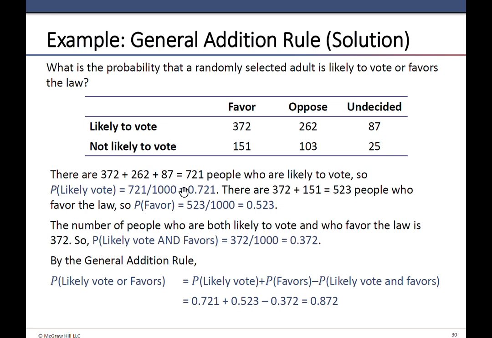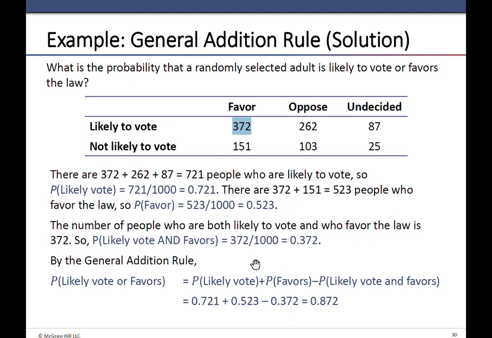And it makes sense you would try and add those together, right? But the beauty of this, and this doesn't always happen, but in this case, if we just added them together, that would be bigger than 1, and we can't have that, so something's not right. You will notice the 372 people who both are likely to vote and favored it were counted in both of those sums, and we don't want to count them twice.